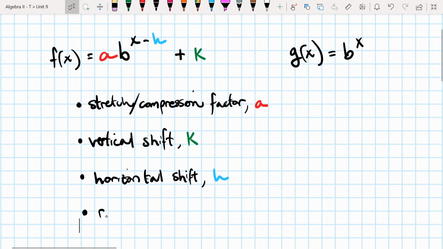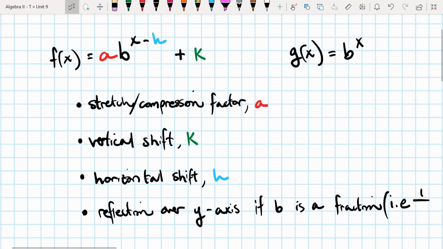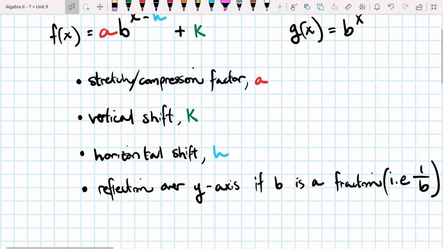We say that the function has a reflection over the y-axis if b is a fraction. So like this. If I had g of x over here to the right, and instead of having b as the base of the exponent, I had 1 over b, then that would be a reflection over the y-axis.